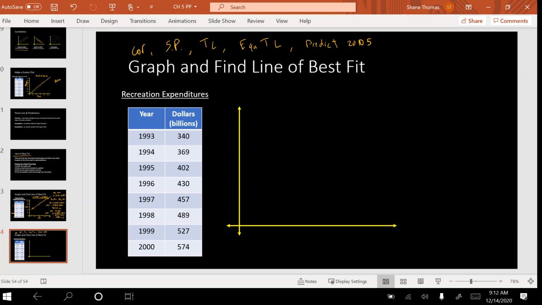All right, so looks like most people did this. So let's go. We'll say this is 90, 92, 93, 94, 95, 96, 97, 98, 99, 2000.